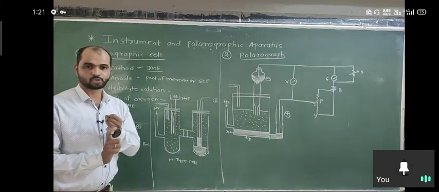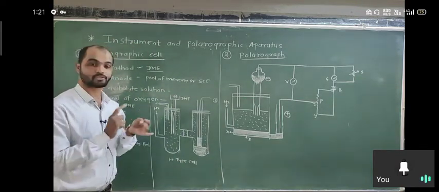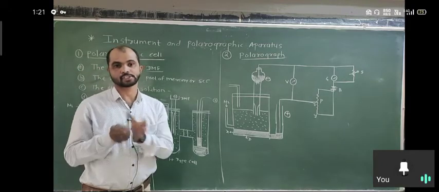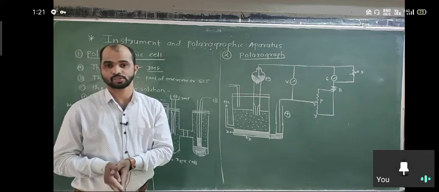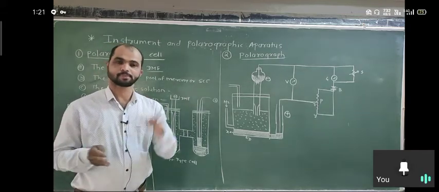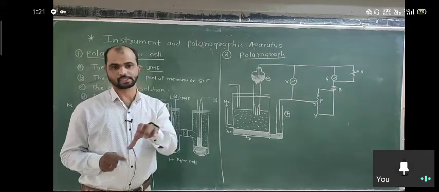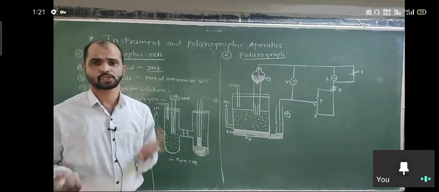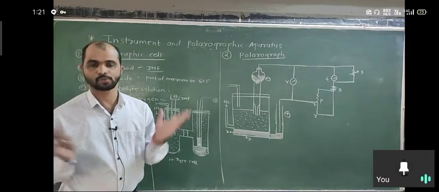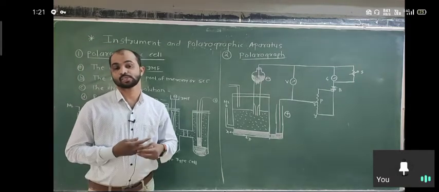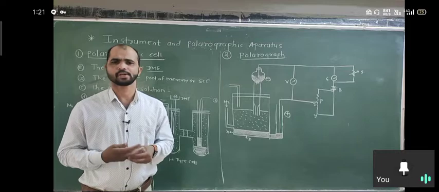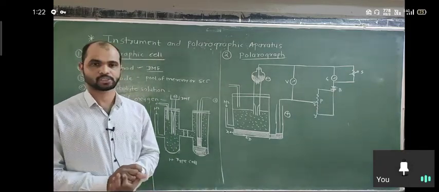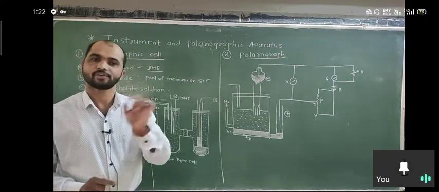First is the sample solution which is analyzed. Second is KCl, a co-electrolyte, whose concentration is 100 times greater than the sample solution. But we measure the current only for the sample, because the KCl concentration is known, so we remove the current due to the KCl in the calculation. We just calculate the current passing through the cell when potential is applied only for the sample.